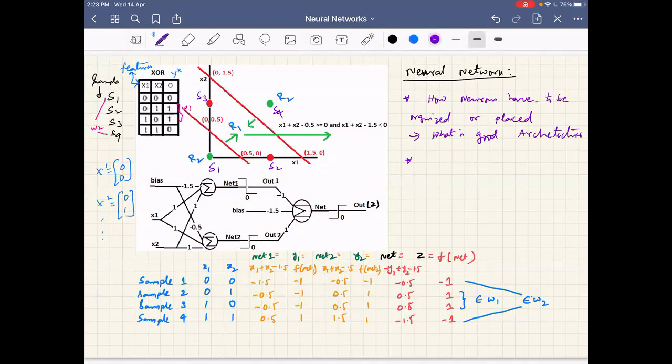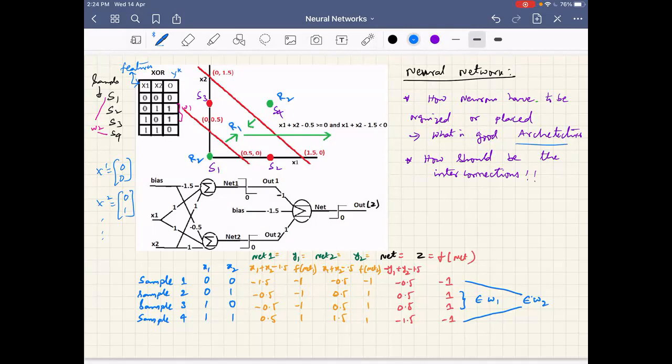So how should the interconnections be? This is the arrangement of neurons and this is the connections between the neurons. This also comes under architecture. Design of architecture, right?